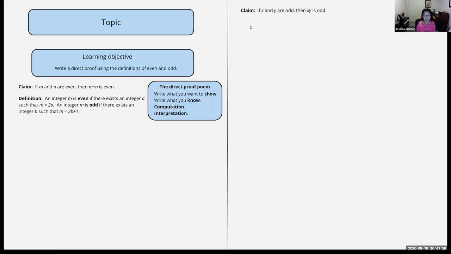Remember, the first thing we do when we see a definition is write down some examples. So I'm going to make an example using this pen. For example, 6 is an even number. How do I know it's even?